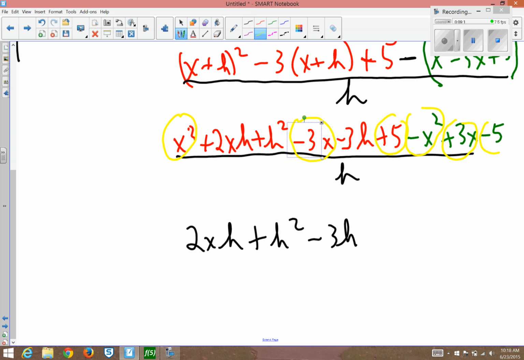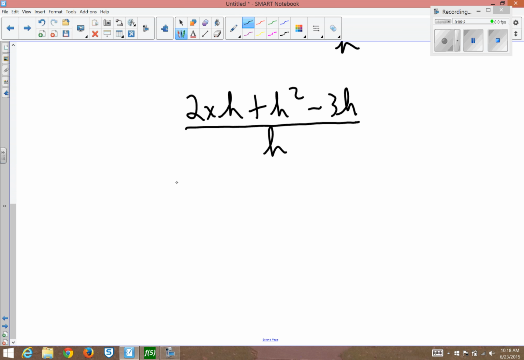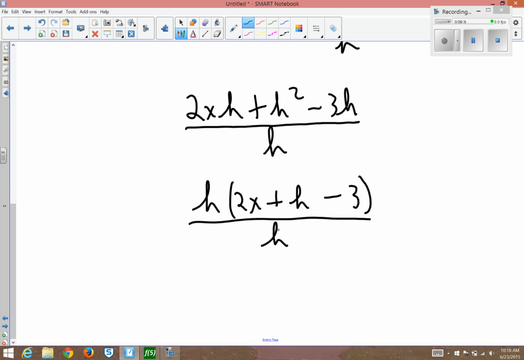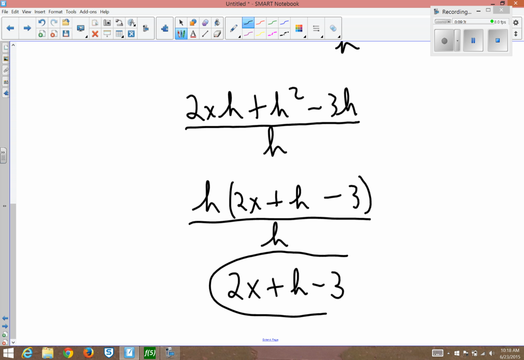Plus 5 and minus 5 is 0. So all over h means each of these terms gets divided by h. Or the h that's in every term can get factored out. And then this h in the numerator and this h in the denominator cancel. So the final answer is 2x plus h minus 3. That's called the simplified form of the difference quotient.